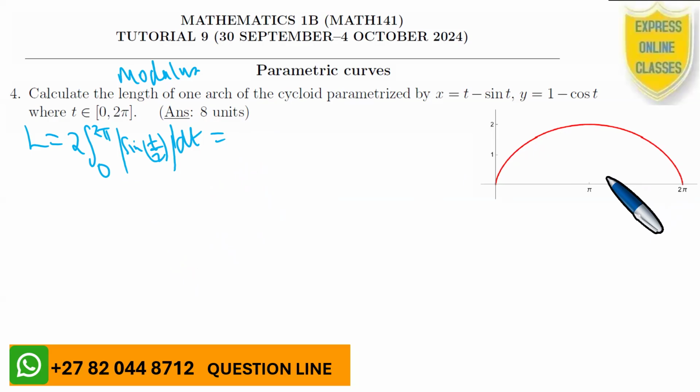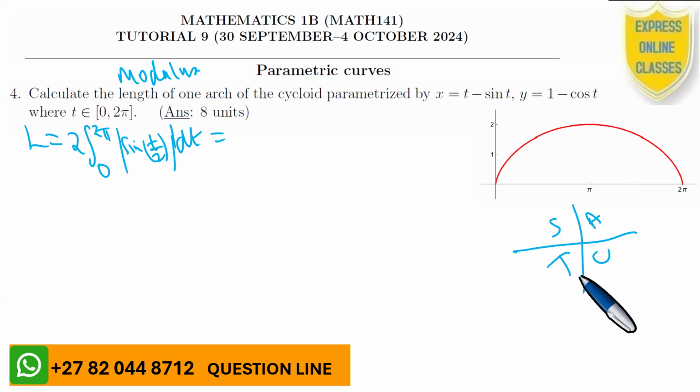But let us reason together. Between 0 and 2 pi, what happens to the sine of t over 2? Let us look at this part by part, because you have what you call the CAST diagram.